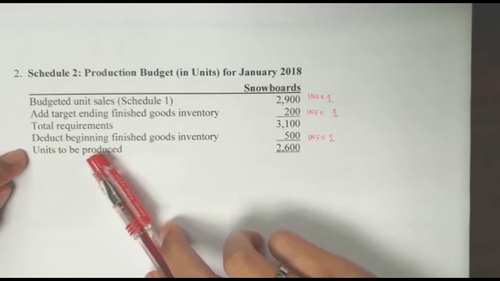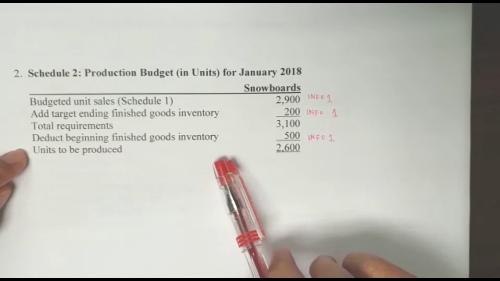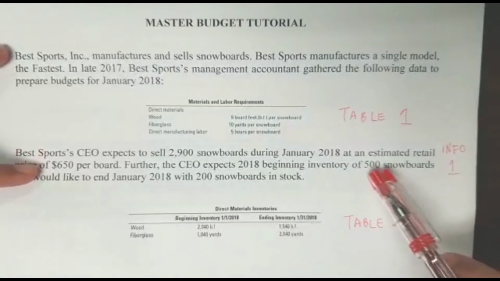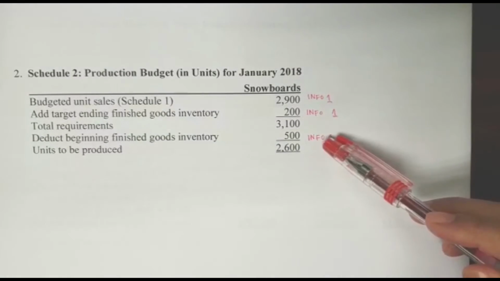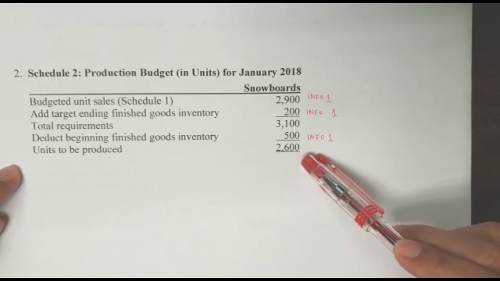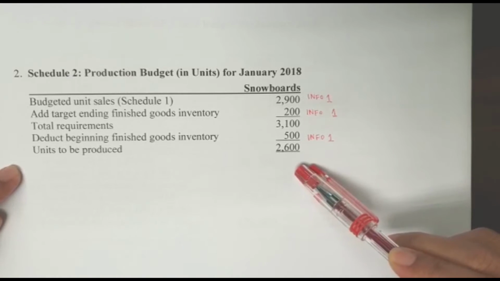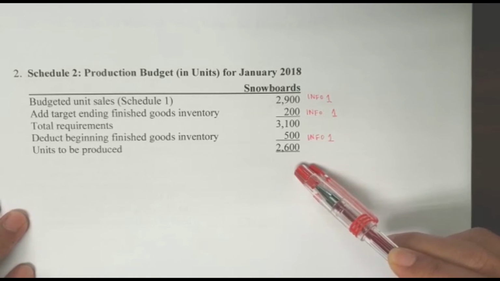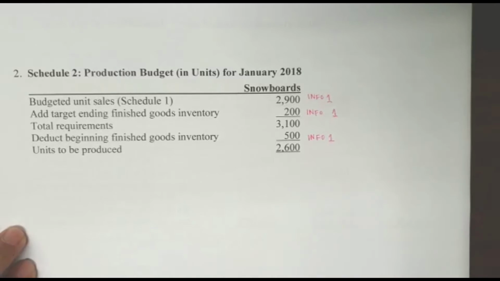Now we have to deduct the beginning finished goods inventory, that is 500, also from information 1. So the units to be produced now is 2,600.